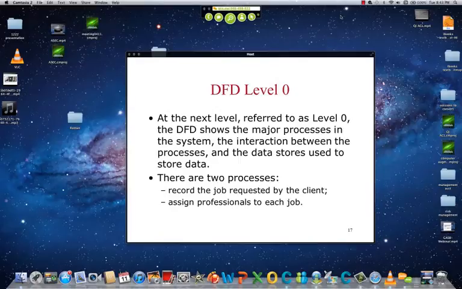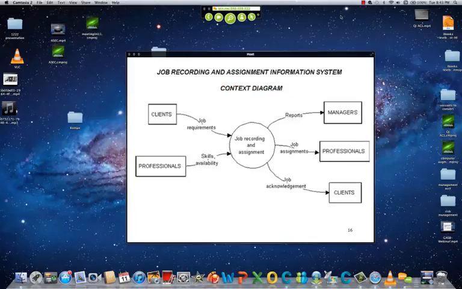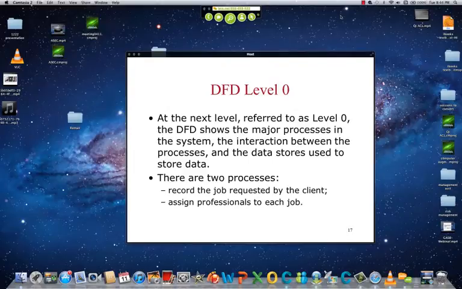When you think about what are the most important ones, it's up to you as a designer. There are two main events in the system. One is associated with recording the jobs, and the other one is associated with assigning professionals. So how would you create a DFD for this?